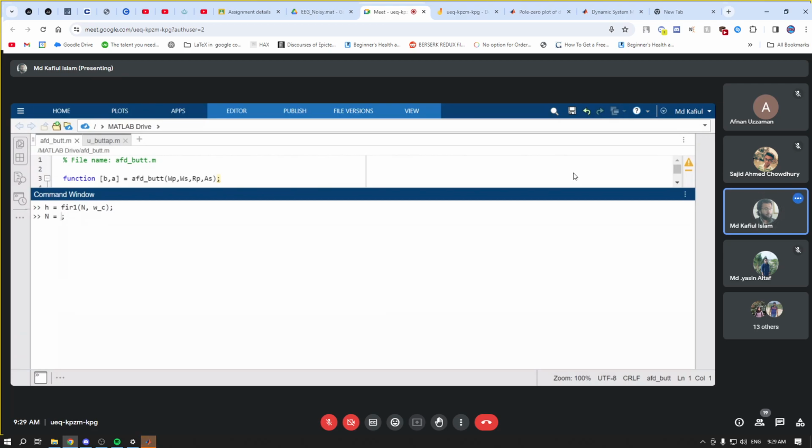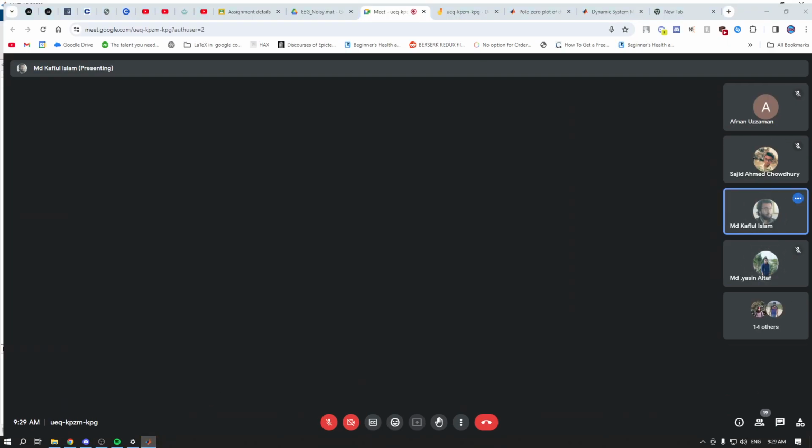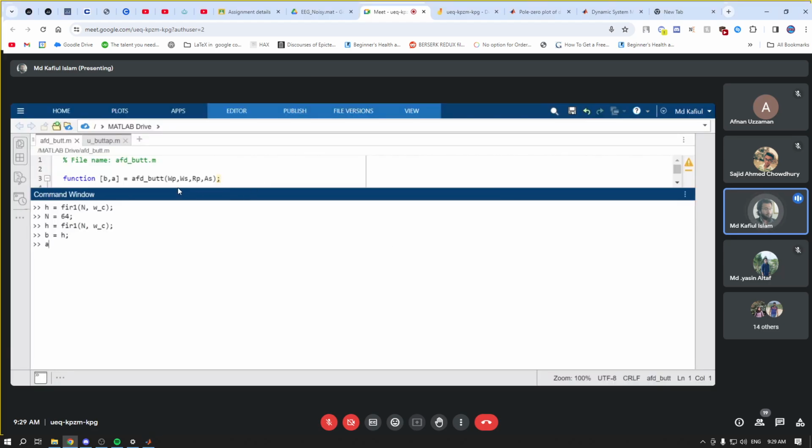So let's take a big order, 64. Then find the H, the impulse response. We know that H is the same as B, so we say B equals H. And your A should be equal to 1, because we're talking about A0 only. For an FIR filter, there is no A1, A2, A3.